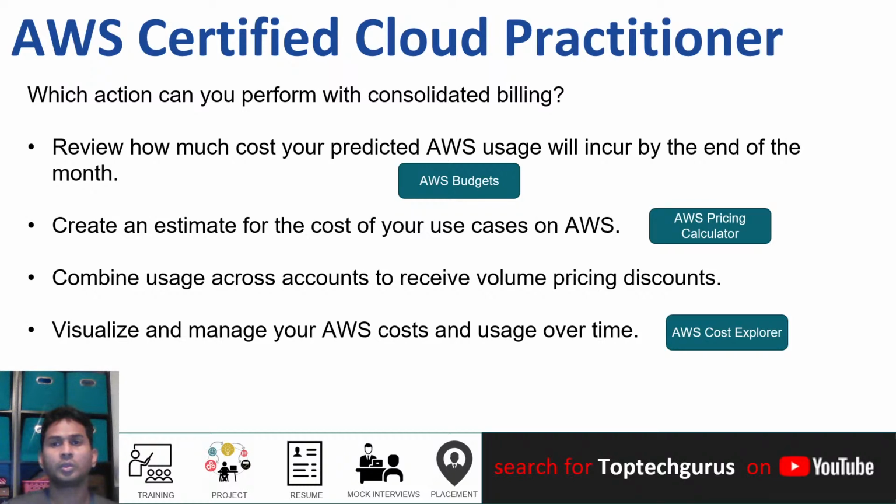So if you want to review how much cost your predicted AWS usage will incur by the end of the month, then you actually use something called AWS Budgets, where it predicts that you've used $100 in the last 15 days, so in the month you should be using about $200.